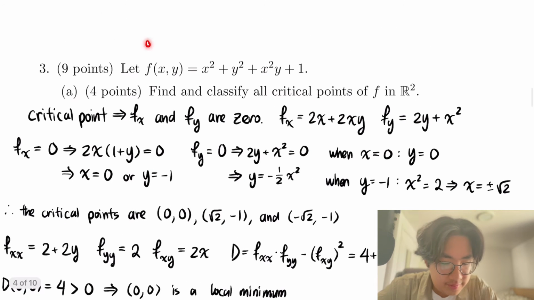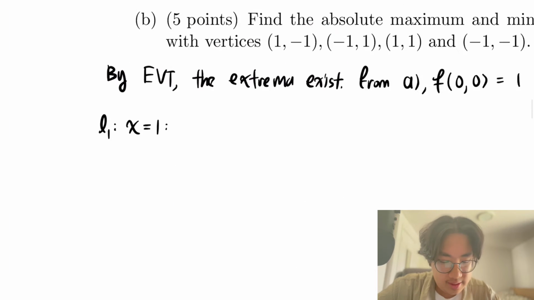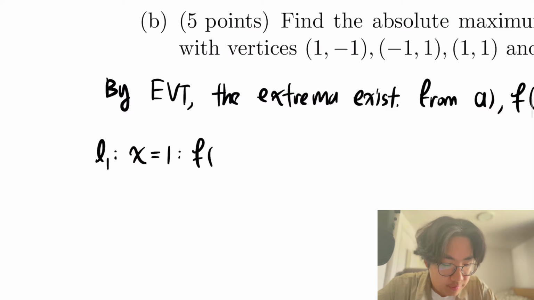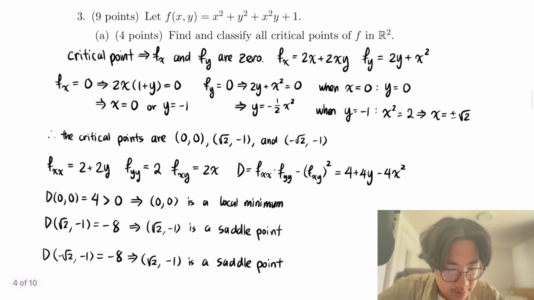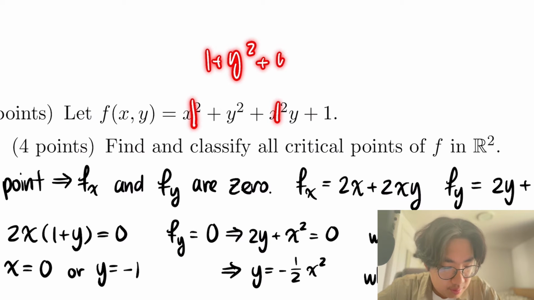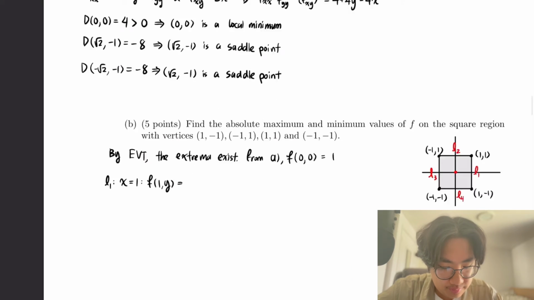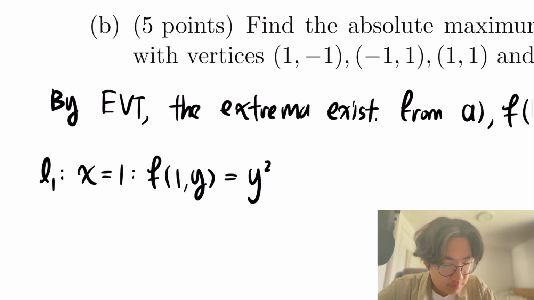Effectively it looks like f(1, y), because x is fixed to be 1. Plugging in 1 here, you get 1 + y² + y + 1, so just y² + y + 2.